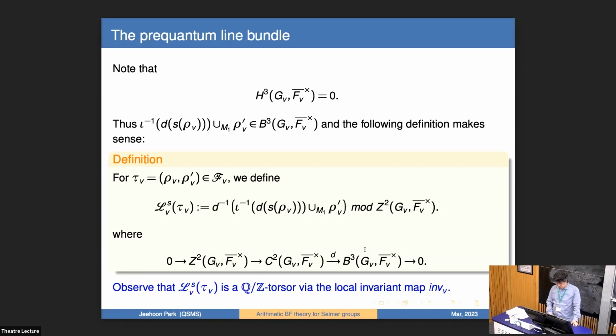Then you see, this becomes a Q mod Z torsor via the local invariant map, because you take the inverse image, an element in B. That's the key construction. Given a tau_v, you construct the Q mod Z torsor through the invariant map.